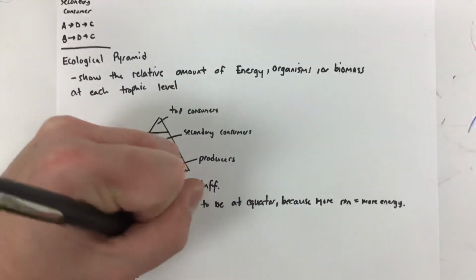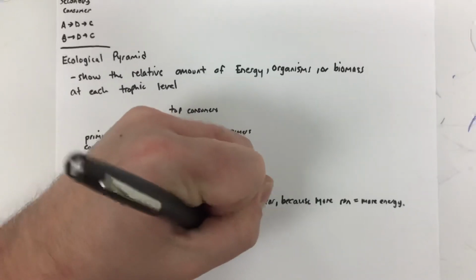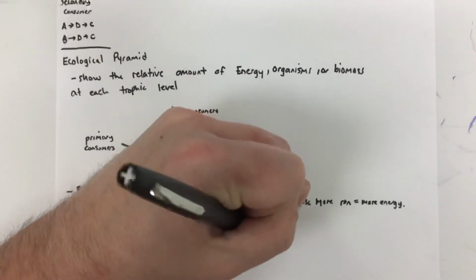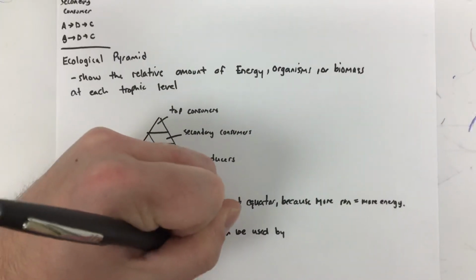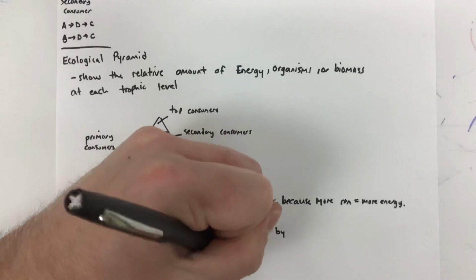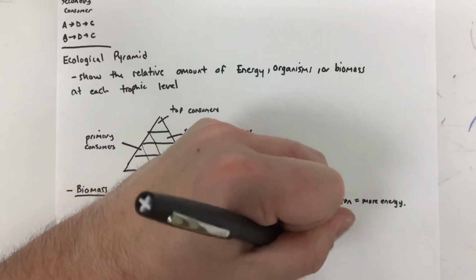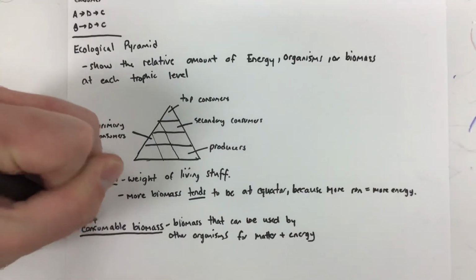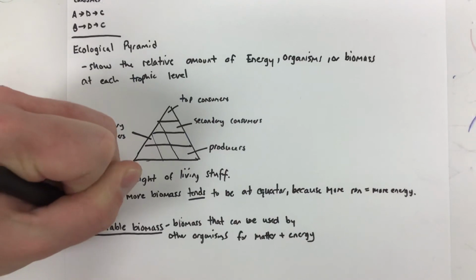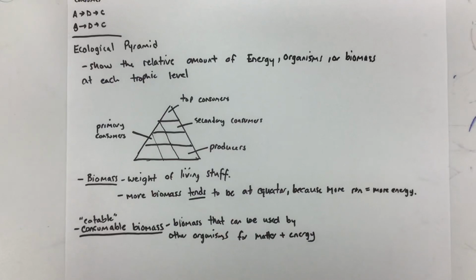So this is the biomass that can be used by other organisms for material, for matter, and energy. And so what consumable means in this case is eatable or edible. I know eatable is not really a word, but the edible biomass. All right, and that's it for the notes.